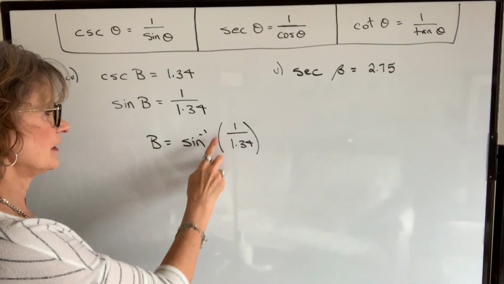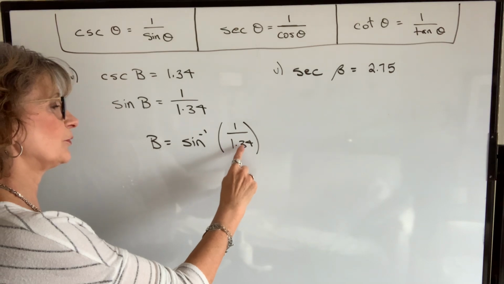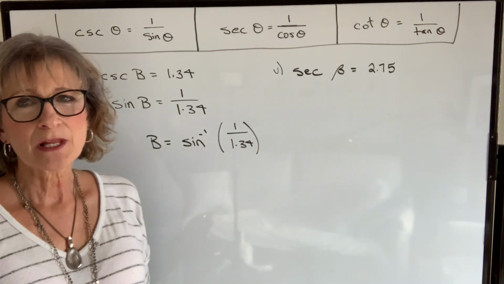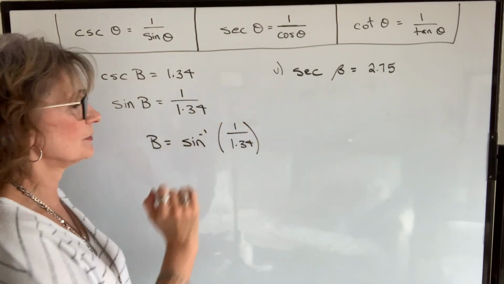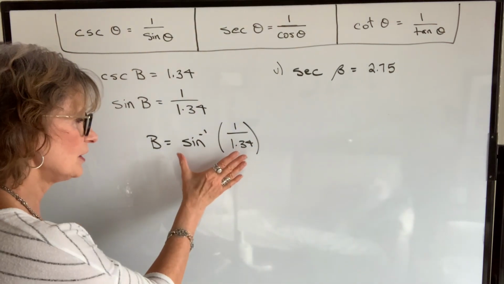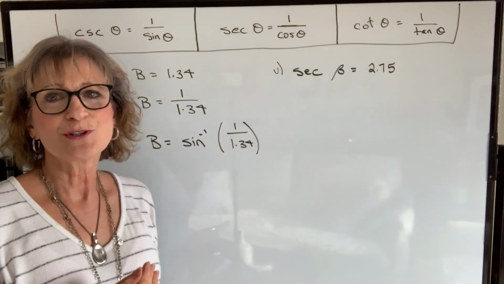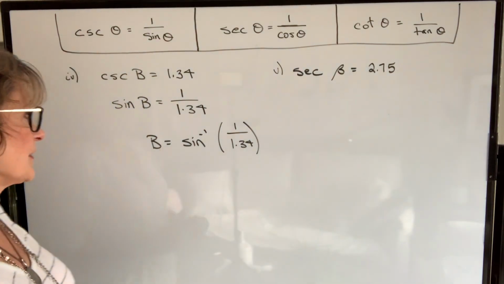So inverse sine, but just be careful with your brackets. Bracket 1 divided by 1.34, end of bracket. And some of you may choose to use the reciprocal key instead of writing 1 divided by 1.34. So there's a number of ways you can approach it, but I think you need to see it this way first so that you know the correct order and the correct functions to press on your calculator.